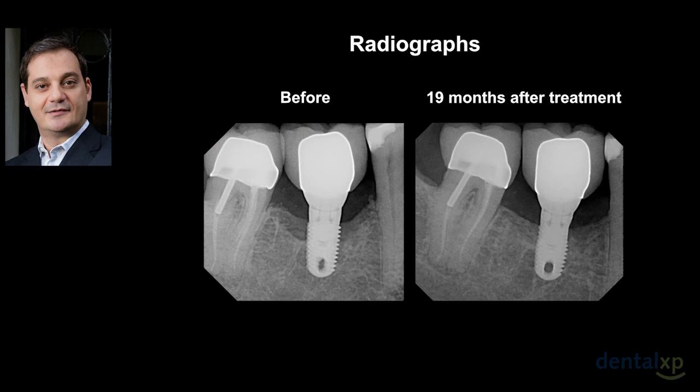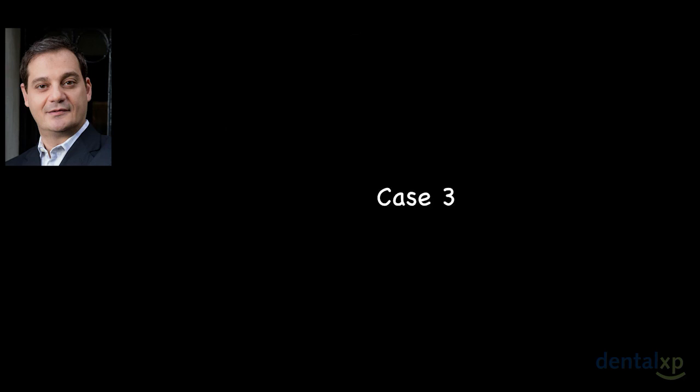And again, you can see the post-treatment X-ray of 19 months. So again, those treatments have been followed, and we have had a good result in stability in long term, but the patients are placed on a very rigid recall system.